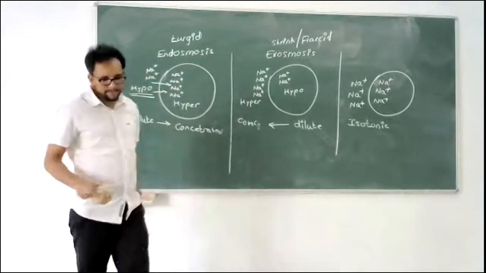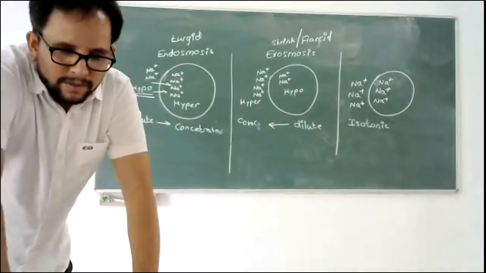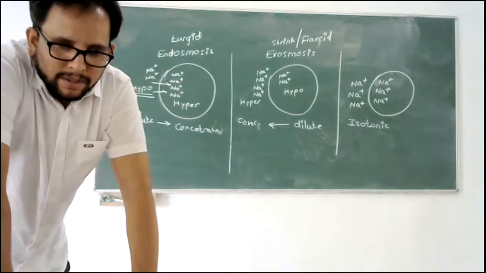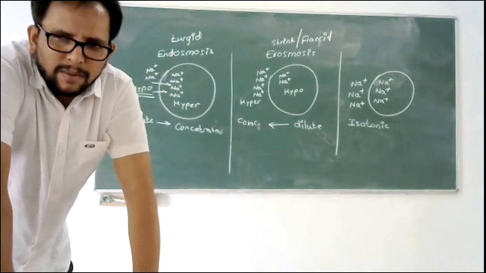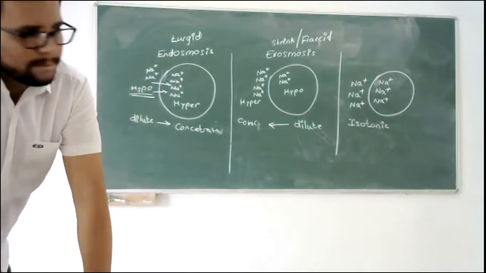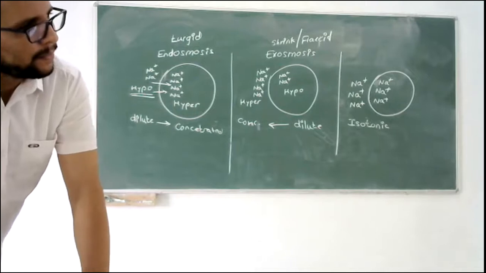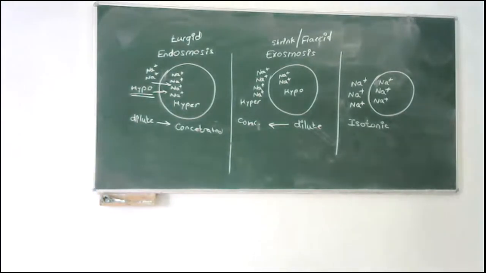So, sir, you said net movement is what determines the nature of the osmosis. Yes. So, can I define endoosmosis as osmosis where the net movement of the solute is into the medium rather than outside of it?